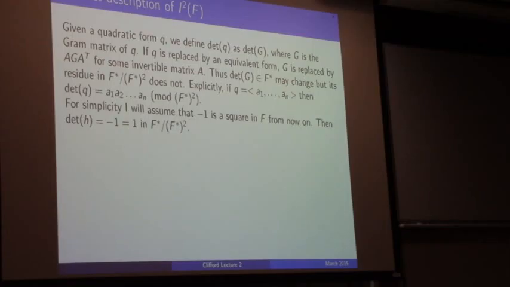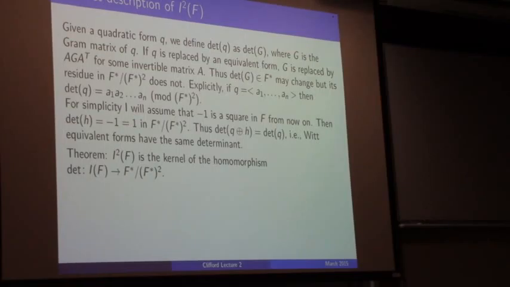So it's -1, and it is a square. So the determinant is just the determinant of the Gram matrix. And the Gram matrix G can be replaced by an equivalent one, which is A G A transpose. So that's only defined up to squares. So the determinant takes values in F star mod F star squared.